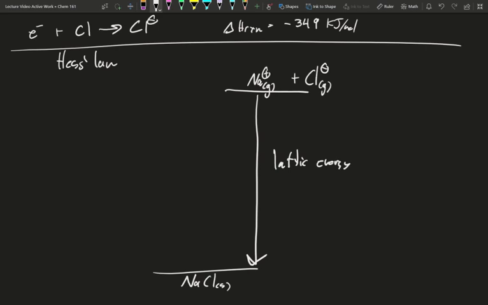This removes all the other complicating anythings. I have just the free-floating ions come together to make the solid. That is going to show me the attractive force between them. How strongly do they pull together to hold into a lattice, a crystal?